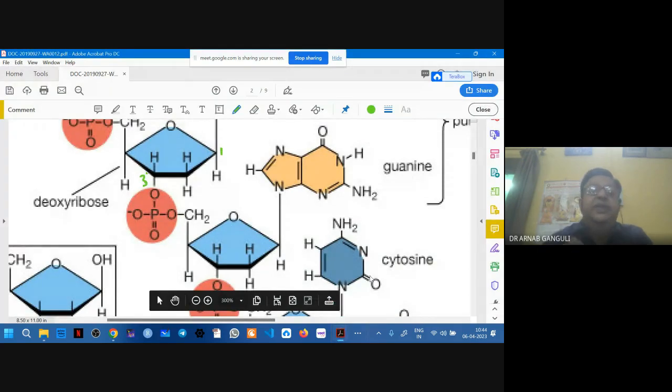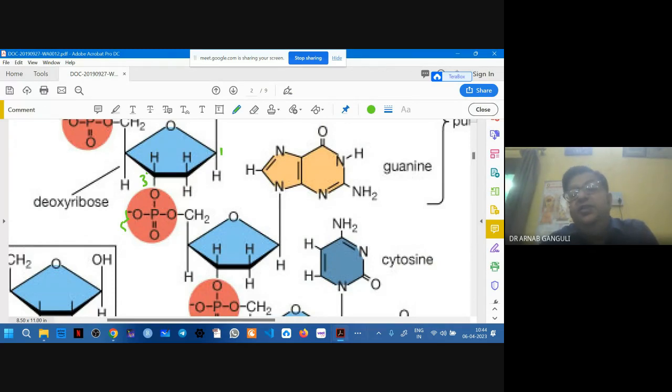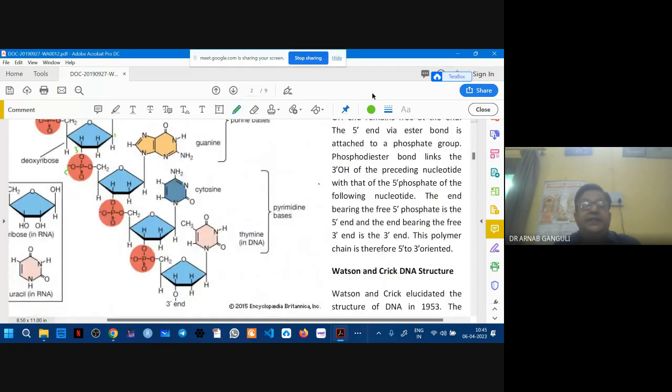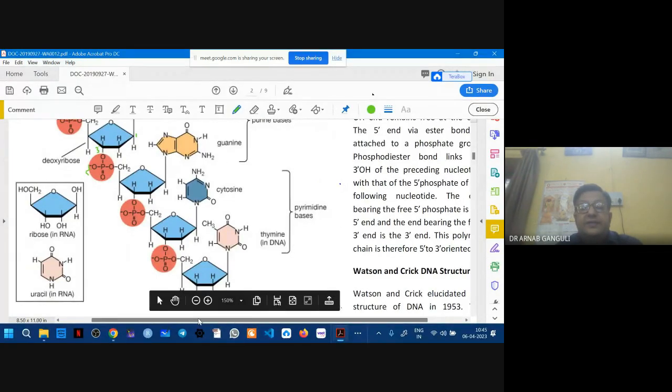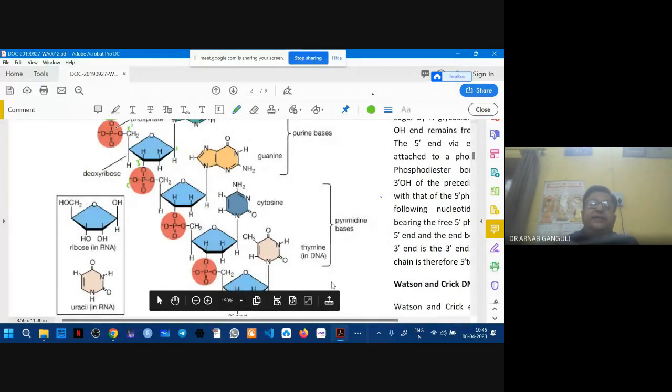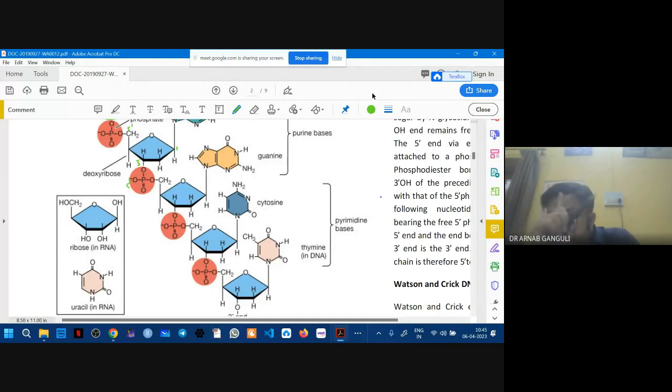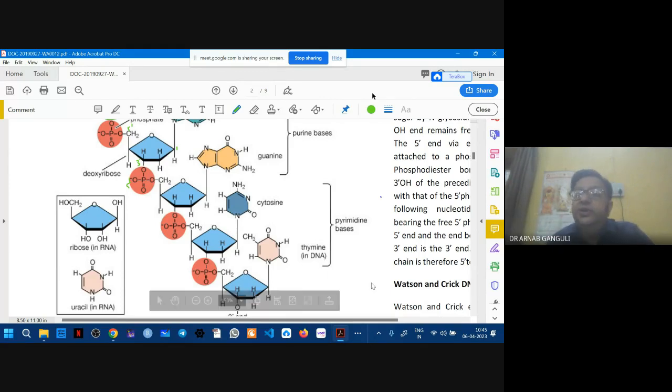The 3 prime phosphate is attached to the 5 prime of the next nucleotide. Here the phosphate is attached to the sugar, and that is attached to the base. So gradually, in DNA, one after the other, through 3 prime to 5 prime attachment, you have a single strand of DNA. Same with RNA also. Instead of deoxyribose, you have ribose.